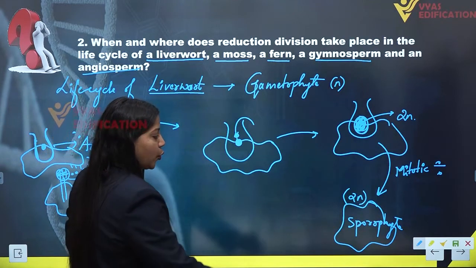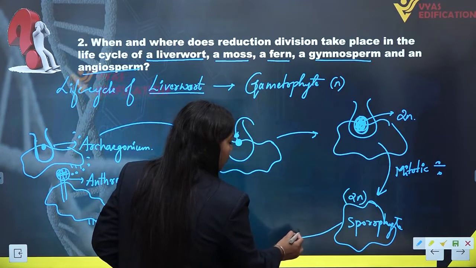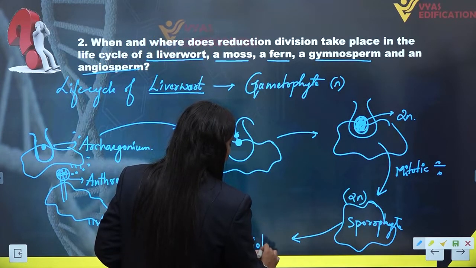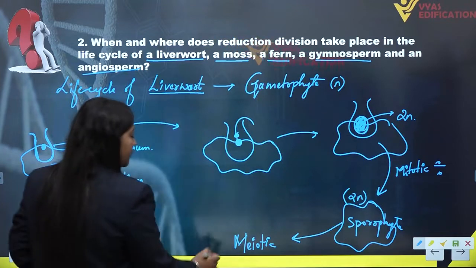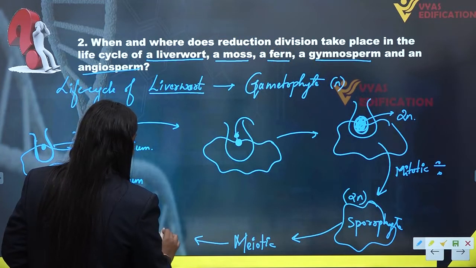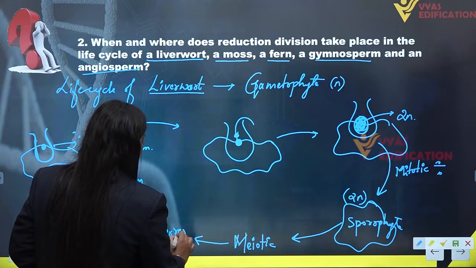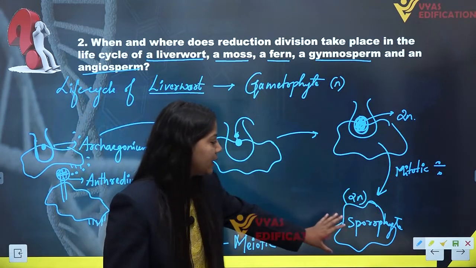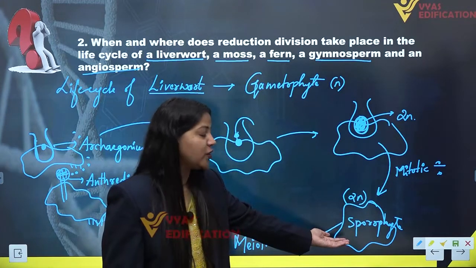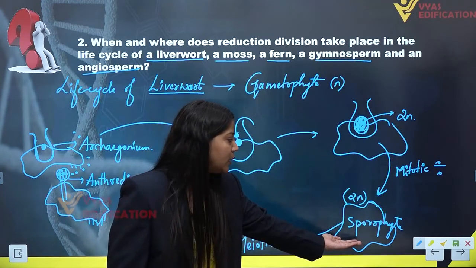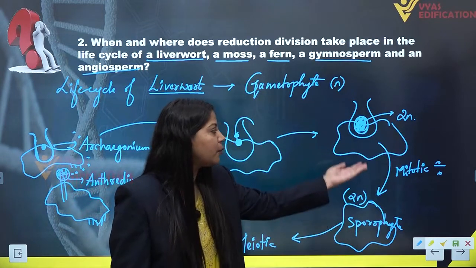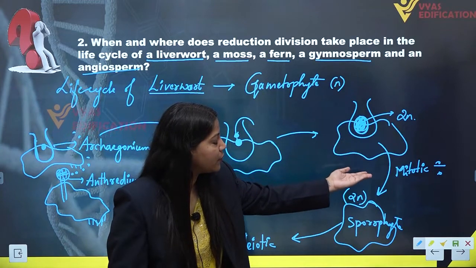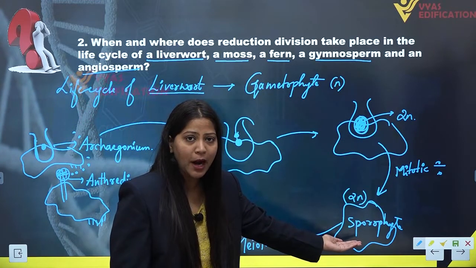Then after this, the sporophyte will undergo reductional division or meiotic division to form spores. And spores are going to be haploid in case of liverworts. These spores are made inside the sporangium present on the sporophytic plant body, which is made from the mitotic division of the zygote. The zygote underwent mitotic divisions and formed the sporophytic plant body.